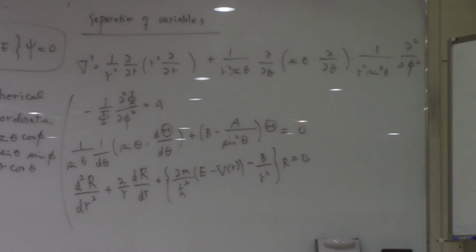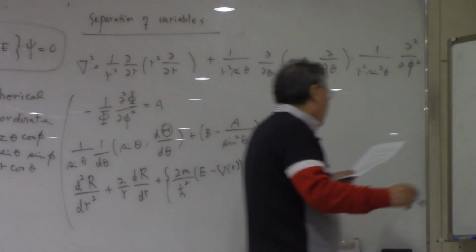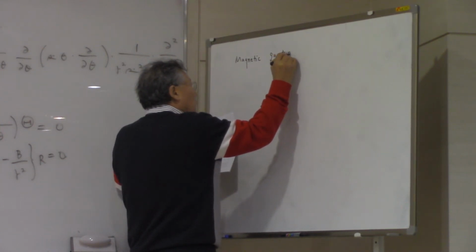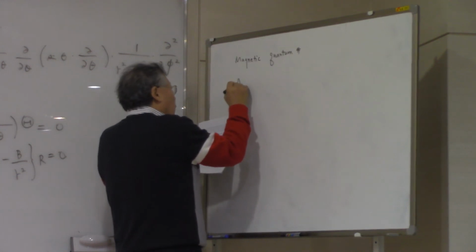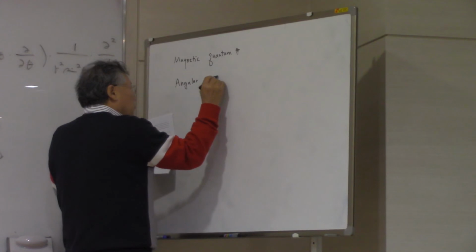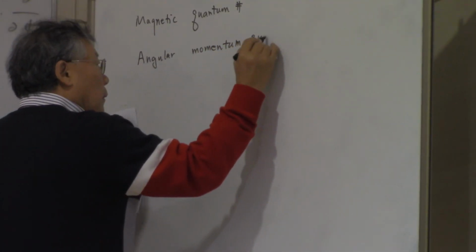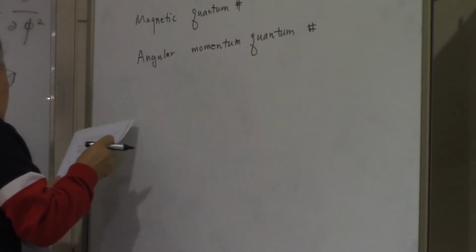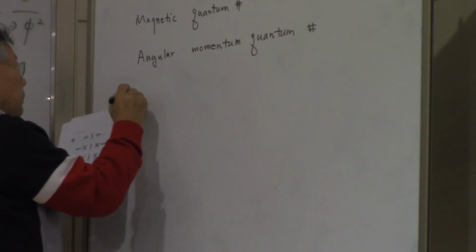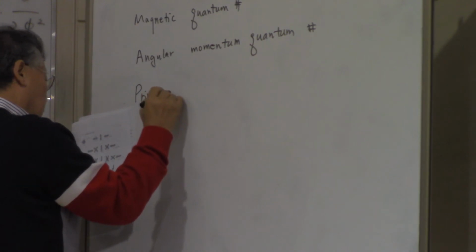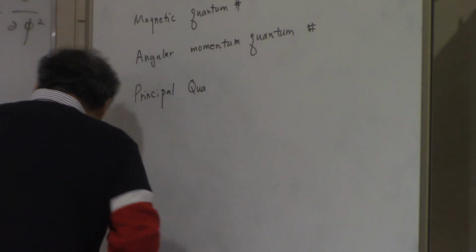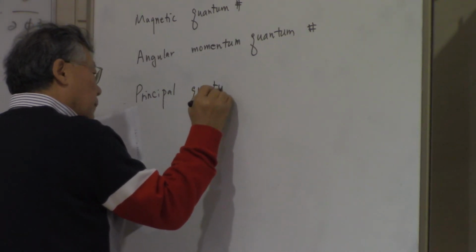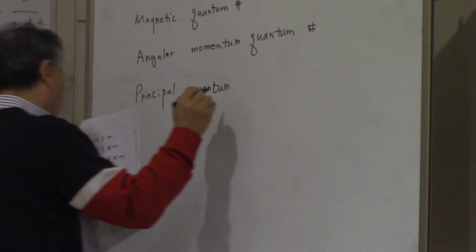And then with these 3 equations, we are going to develop a magnetic quantum number, an angular momentum quantum number, and a principal quantum number.